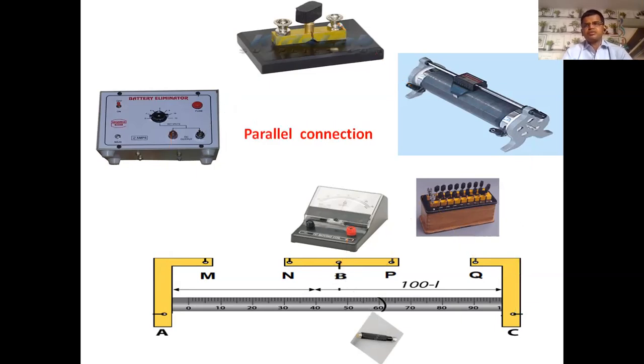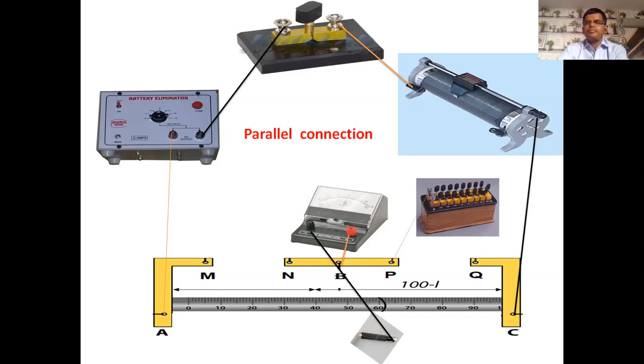Now the second connection we show is the parallel connection. In this parallel connection, the starting is again the same. Battery plus to point A. Now from the C point, rheostat upper, and rheostat lower any one to the simple key, with the remaining one to battery negative. Now from the B point, galvanometer plus, and galvanometer minus to the jockey key.